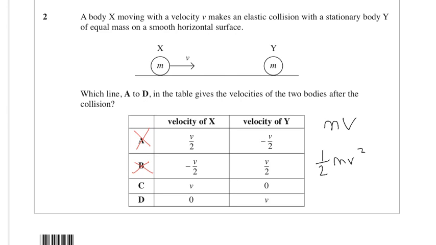This scenario C isn't possible because Y has to move. If we're moving to the right, which v being positive implies, Y must be travelling faster than X, so C is impossible. That would leave it being D, where all of the kinetic energy is transferred.